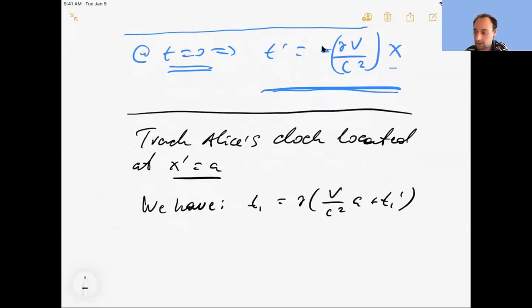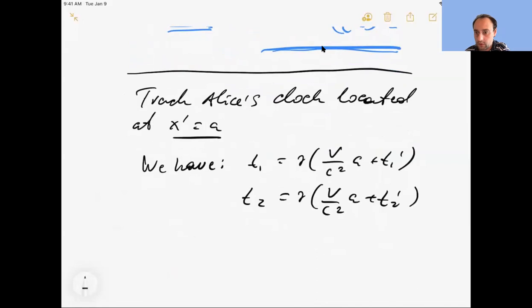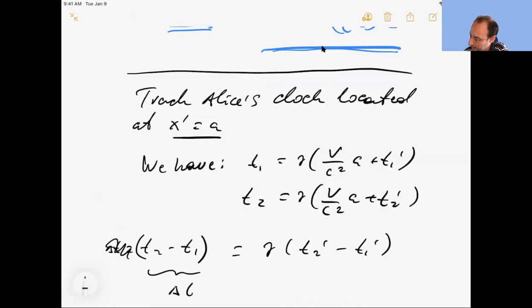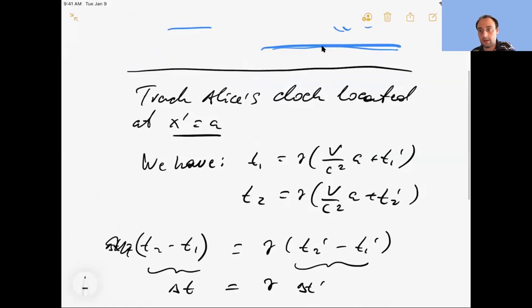I'm using one of the Lorentz transformations. And T2 equals gamma times (V over C squared times A plus T2 prime). And when we subtract these, T2 minus T1, which is delta T, becomes gamma times T2 prime minus T1 prime, i.e. delta T equals gamma times delta T prime. Okay? And that's your time dilation effect.